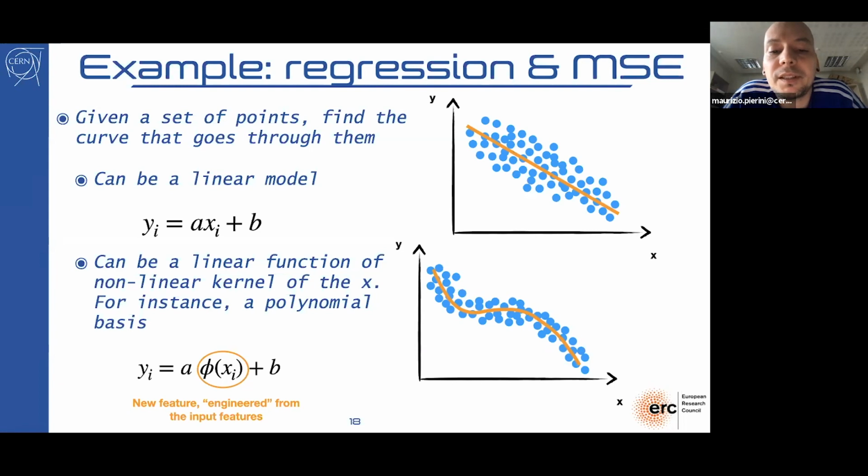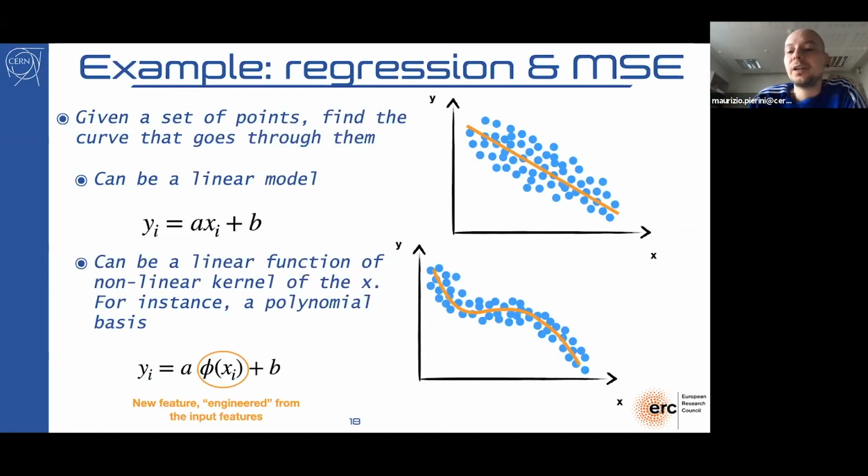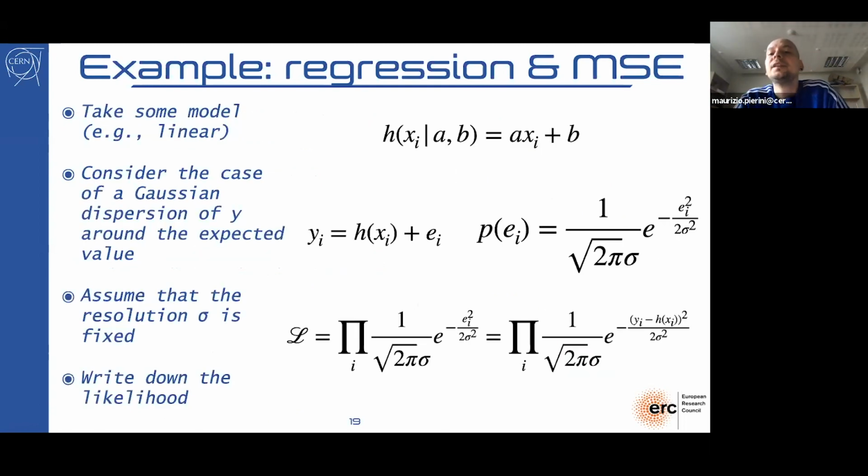And what people do in that case is that they still formalize it as a linear problem, but formalized as a function phi of your x, which could be nonlinear, so a kernel function. And a typical idea is that given your model, so your line, the points will disperse along the line with some sort of Gaussian dispersion, which is, for instance, the hypothesis behind the chi-square fit.